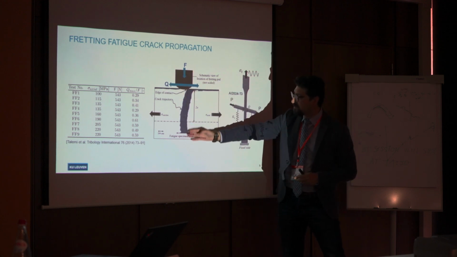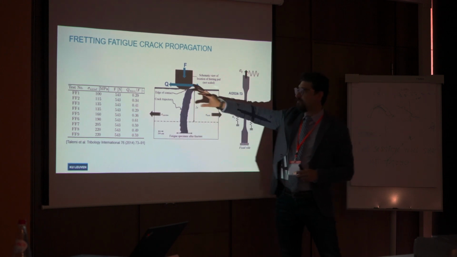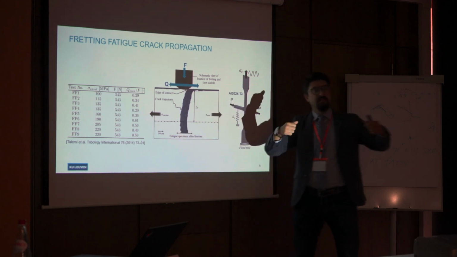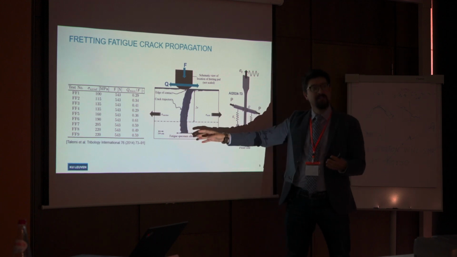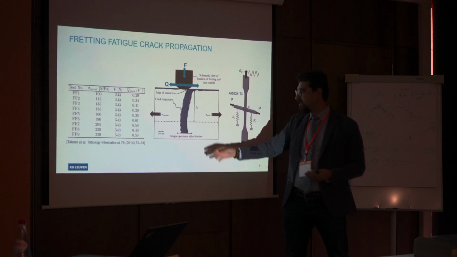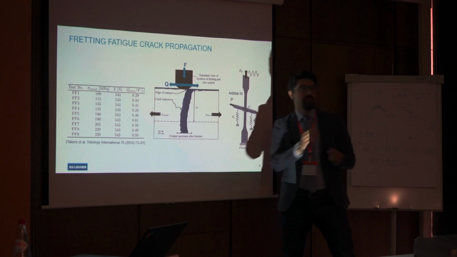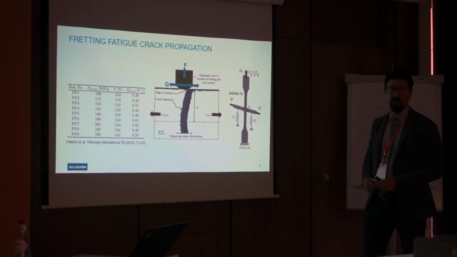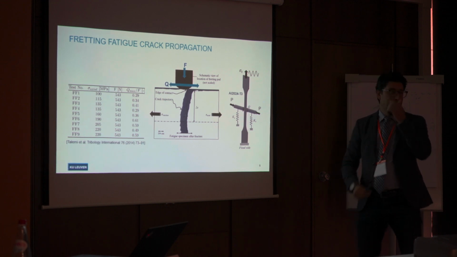But when it passes this point, it's governed by the axial load, with no or very minor effect of the contact. When you have crack propagation under axial load, the grain distribution also plays a role. So this is not a typical behavior. In other samples it can go like this or like that. It mainly follows the grain distribution. Thank you.